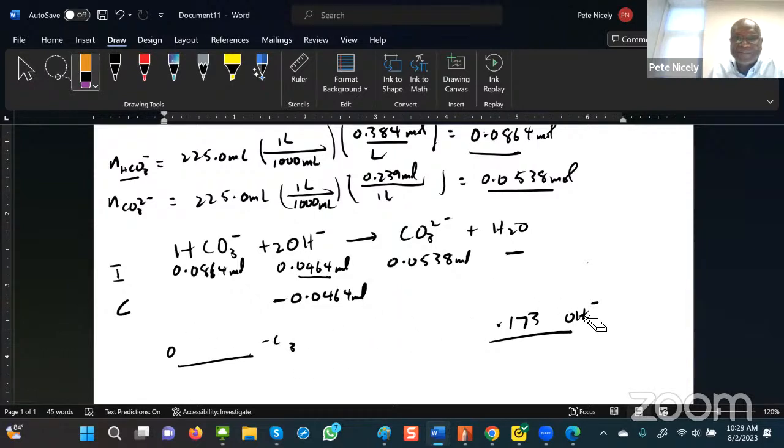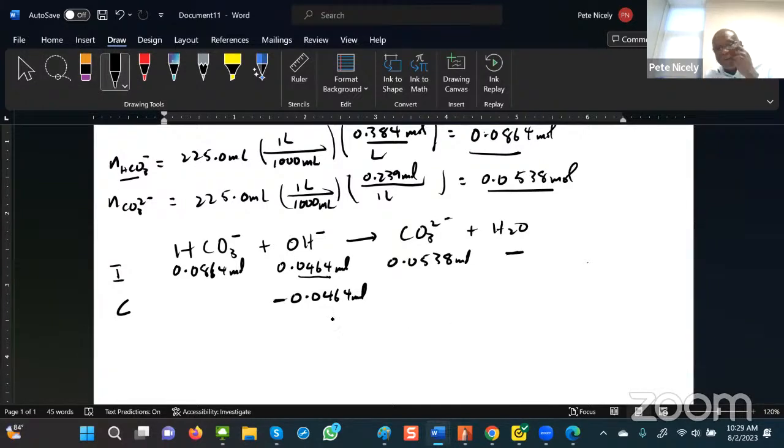All right, so if you understand this, let me go back to the table here. Let me erase this here. Okay, so as I said before, this is not 2, this is 1. Because of the 1-to-1 ratio, and because the amount of hydroxide ions is less than that of the bicarbonate mole-wise, we can therefore assume that all of this will be used up and an equivalent amount of the bicarbonate will react as well.